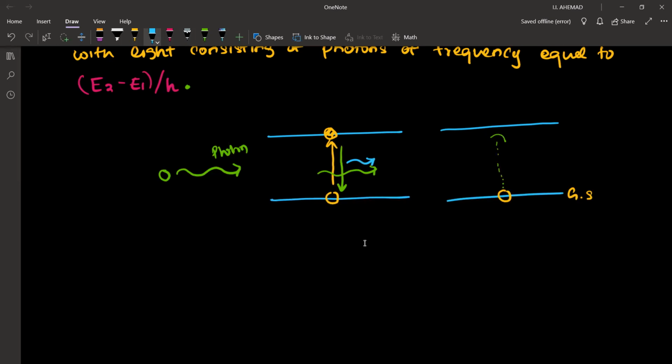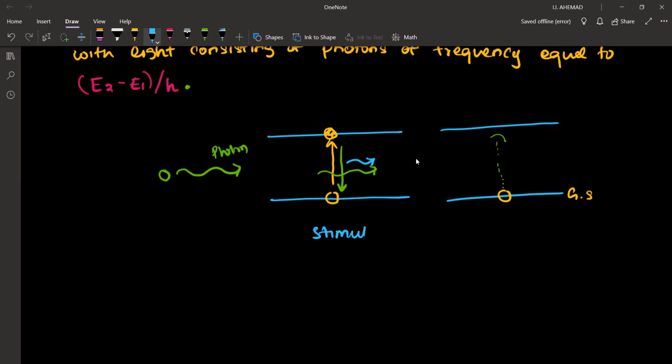So there are two possibilities: this electron might undergo stimulated emission, or this one might get excited. But which one has more chance?